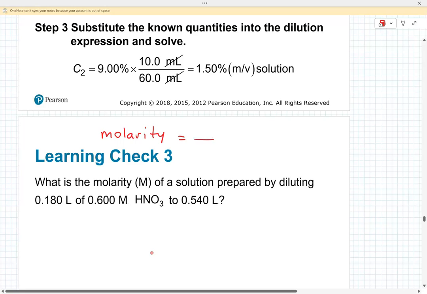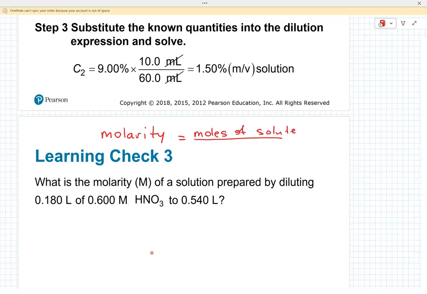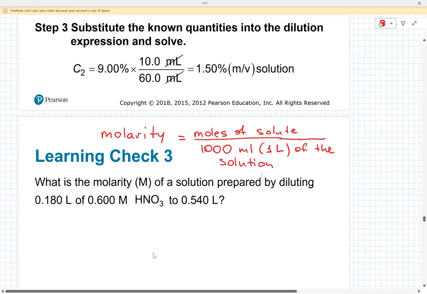Molarity is moles of solute per 1,000 milliliter, or 1 liter, it's the same, okay? Make sense?